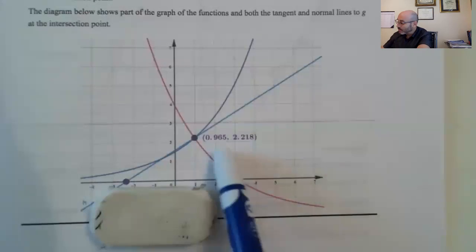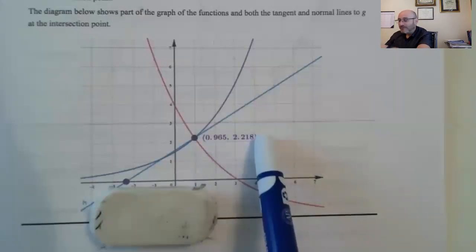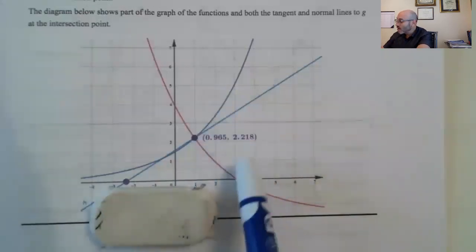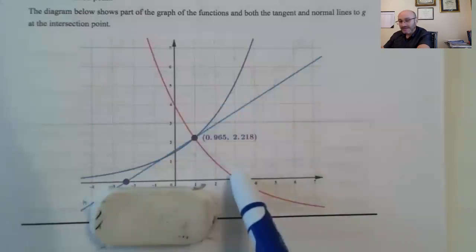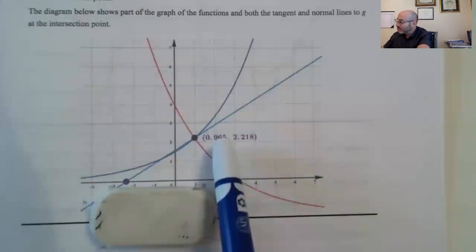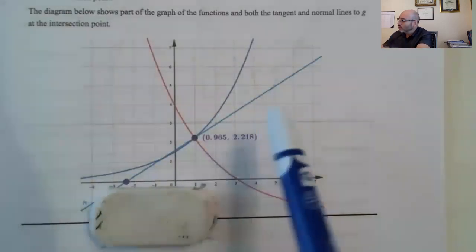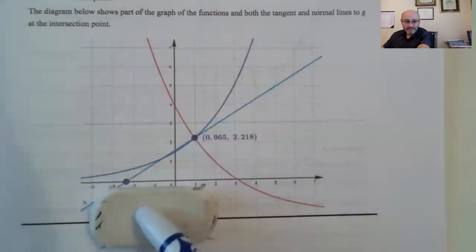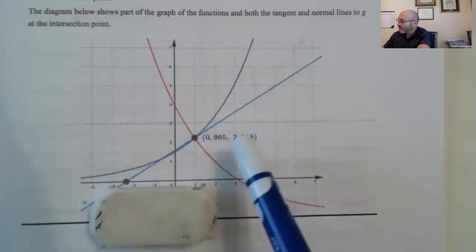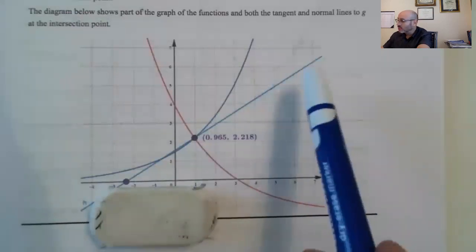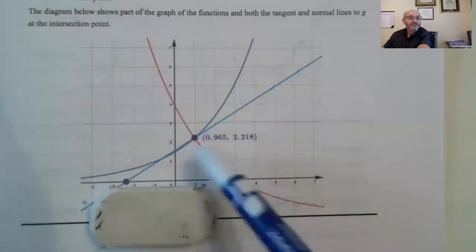You have the point, and then you can use either one of the functions to find the derivative at this point, and then use the negative reciprocal to get the slope of the tangent. Once you have the point and the slope of the normal, you have the equation.